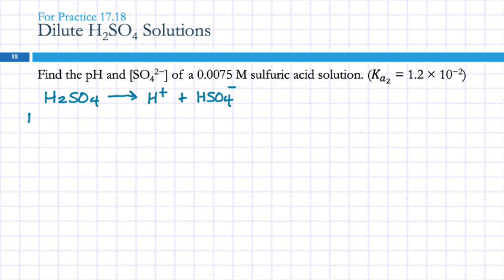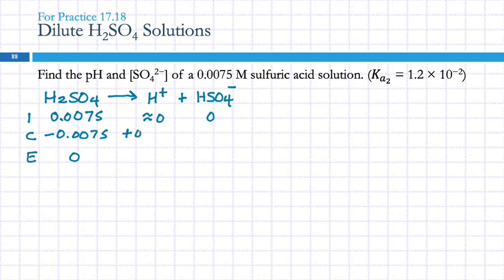So let's just make a nice table for this. Initially, we would say, well, this is starting with 0.0075, and that one's 0, and that one's 0. The change here, this is more of a stoichiometry problem. It's not an equilibrium problem. All of this is going to react. So that's going to change by negative 0.0075, and we're going to end up with 0.